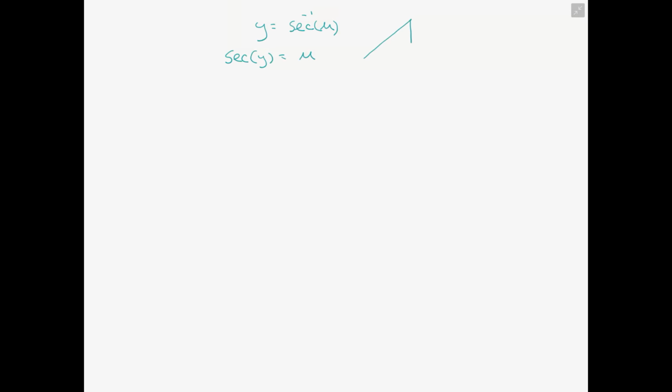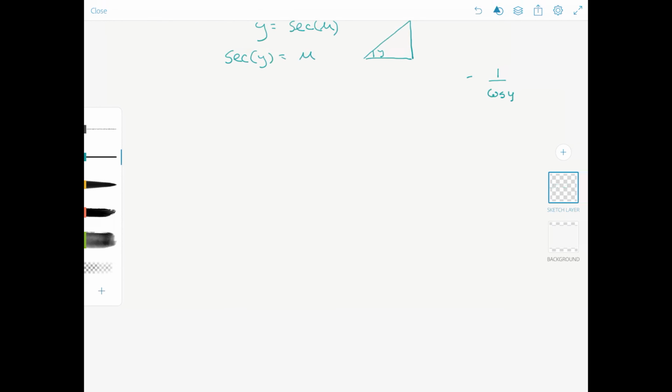Okay. y equals the arcsecant of u, and secant of y equals u. So here's our angle y. Now, remember the secant is 1 over the cosine.